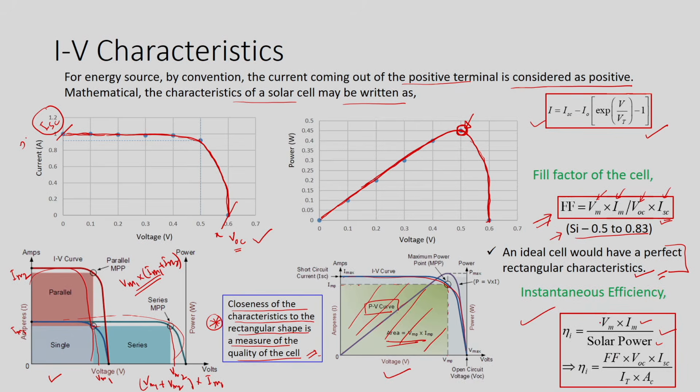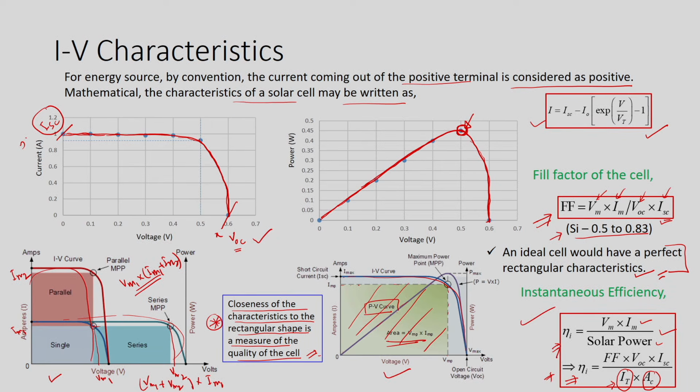The final expression is eta_i = FF multiplied by VOC into ISC divided by IT into AC, where AC is the cell area and IT is the solar radiation falling on the cell. Once we know these parameters, we can calculate eta_i, the instantaneous efficiency.